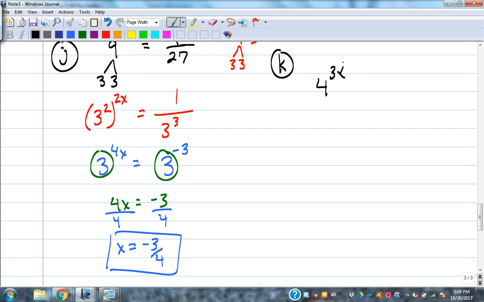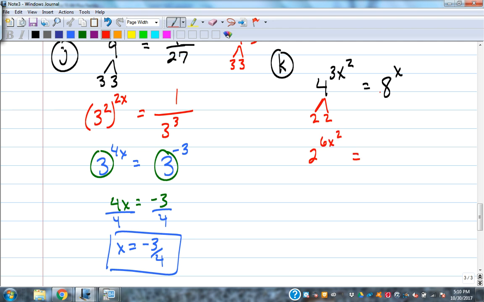4 to the 3x squared equals 8 to the x. Sorry. So we've dealt with 4 and 8 before, so we know we're going for what as the base? 2. Okay? So 4 is 2 squared, so that's 2 to the 6x squared.